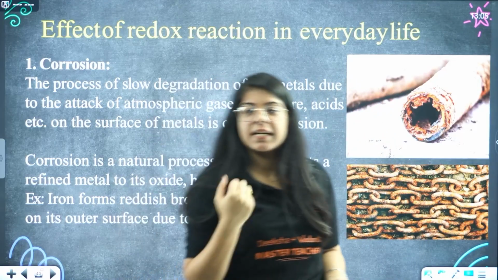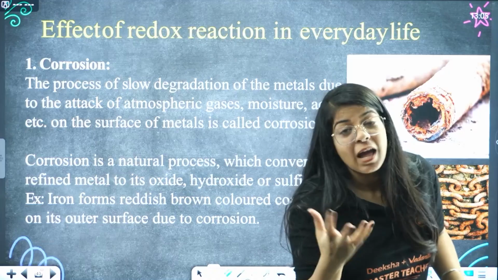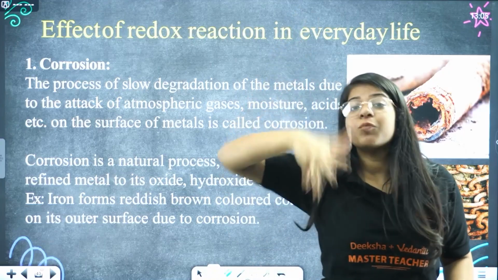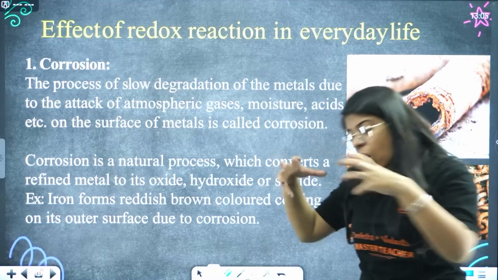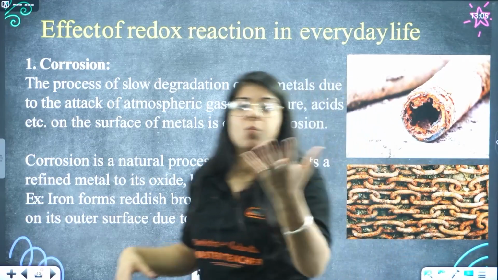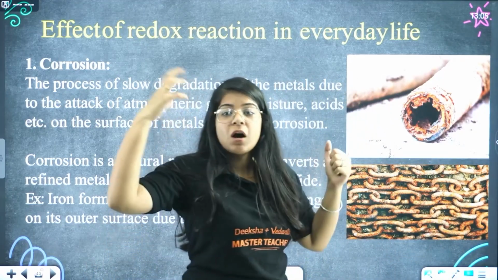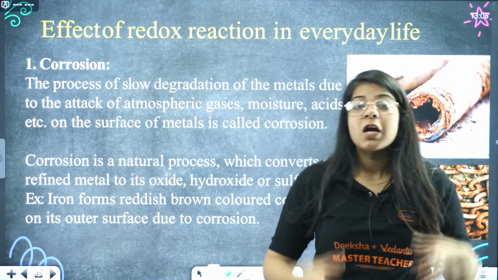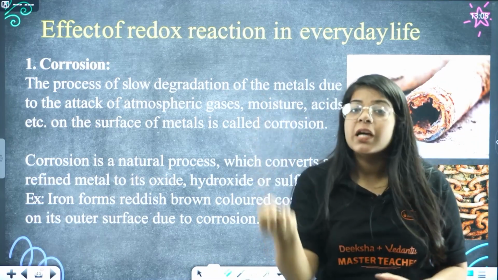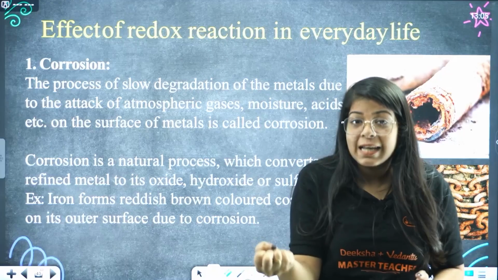That metal is getting degraded due to the attack of atmospheric gases like oxygen, moisture, acids on that surface. Moisture has oxygen in it. Acids also have lots of oxygen, hydrogen in them, right? So due to that the metal is losing electrons.